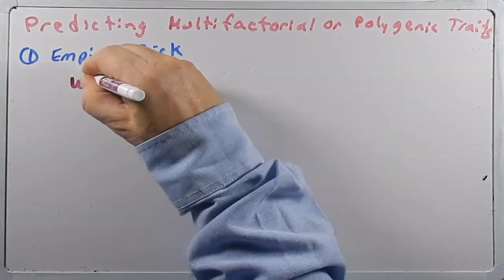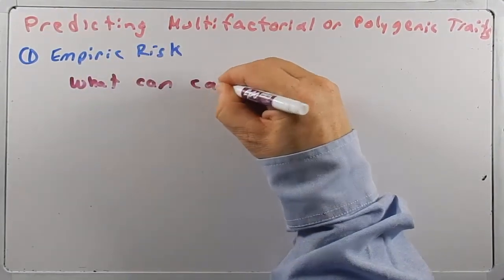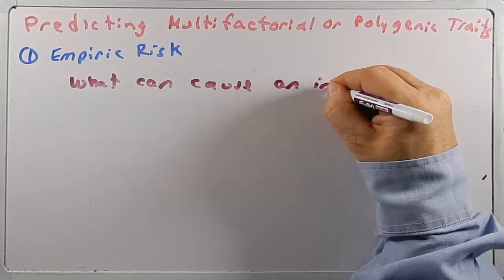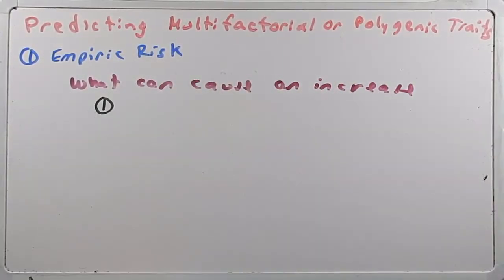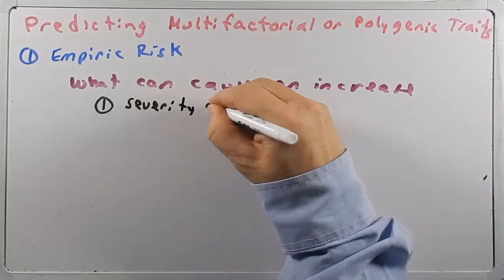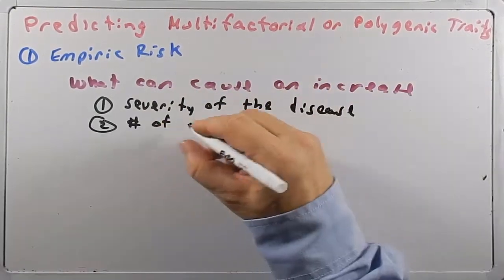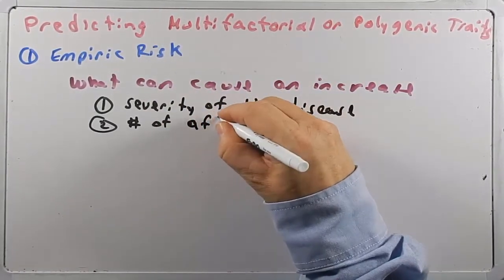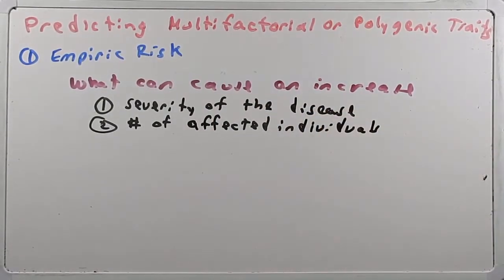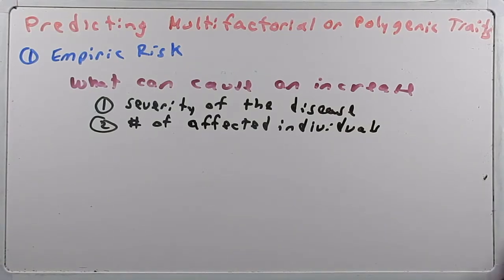Now, what can cause an empiric risk to increase? In general, there are three ways that an empiric risk can increase: the severity of the disease, the number of affected individuals. This makes sense because the definition of empiric risk considers the number of new cases.